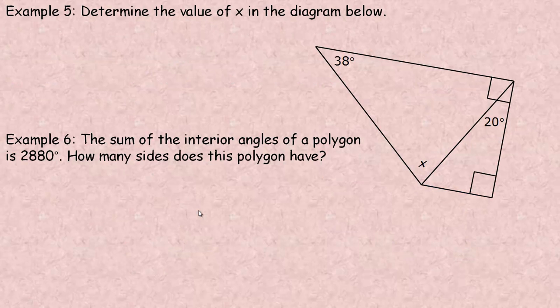Example number 5. Determine the value of x in the diagram below. Now it kind of looks like in this triangle, we're trying to find x, that we don't know 2 of the angles. We don't know the x and we don't know this one up here. But we can find what this angle is, and then we can find what x is.